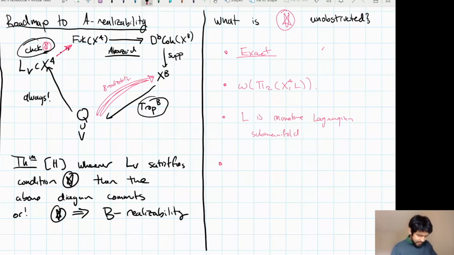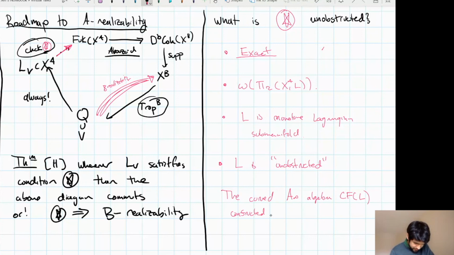And this finally got enhanced to L is unobstructed, which is to say that the curved A infinity algebra CFL constructed by Fukaya is homotopy equivalent to a non-curved one.